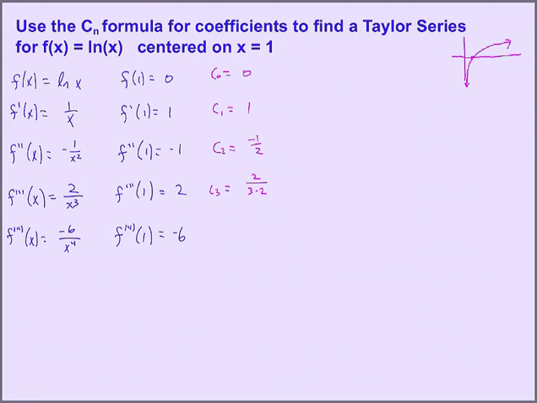I'm going to write the 3 factorial like that. You'll see why in a second. And C4 would be the fourth derivative of f of a, over 4 factorial, which I'm going to write as 4 times 3 times 2. I'm going to write the factorial out, and you'll see why in a second.